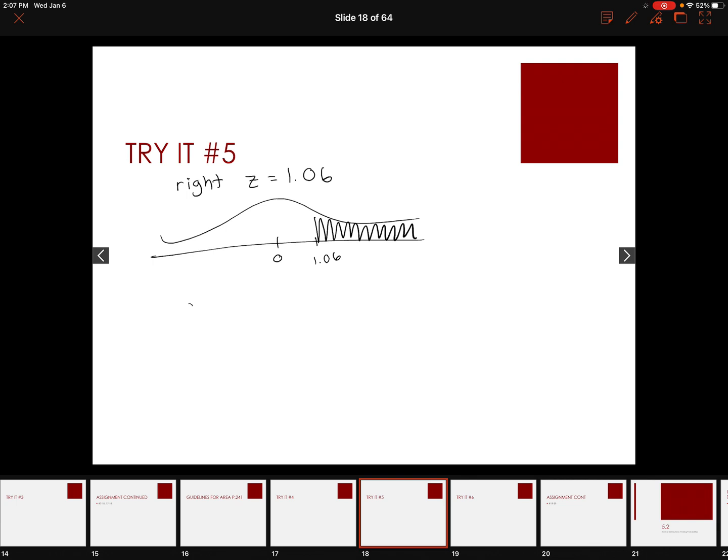Well, my rule for the right is I take the area I find on the table, and I do 1 minus what I find on the table. So looking at the table, 1.06, I see is 0.8554. So when I subtract, this is my area.